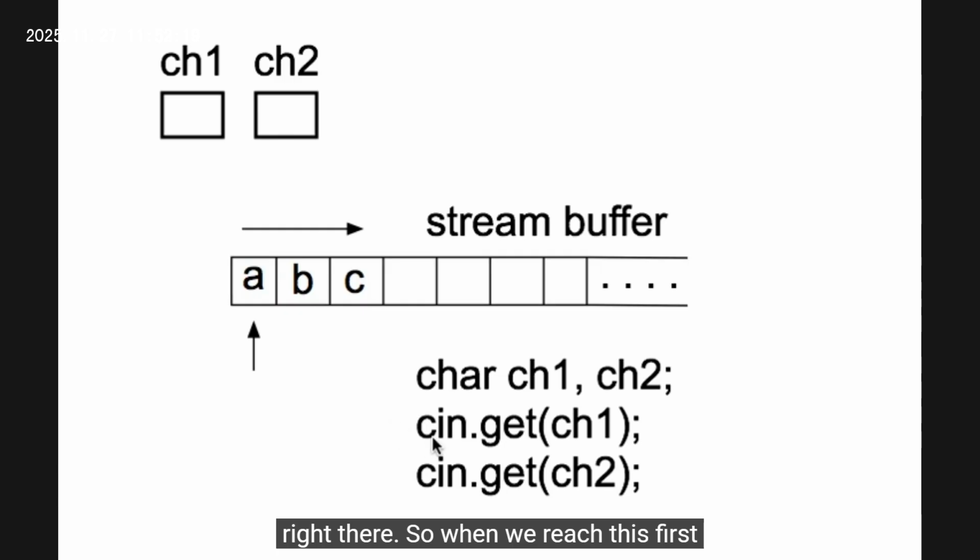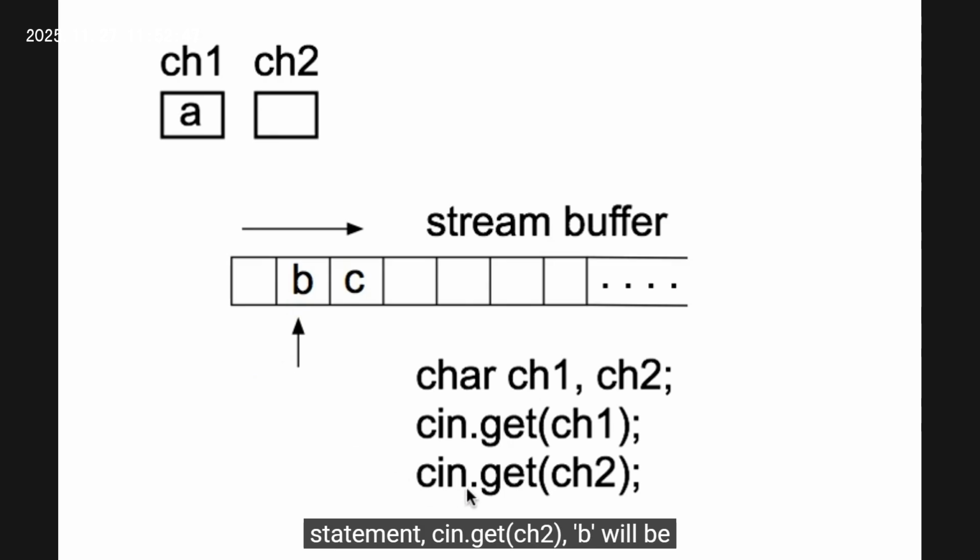So when we reach this first cin.get statement, that will remove the first character from the buffer and store it at memory location ch1. So that A goes from the buffer into ch1. And then the next character to be read moves over to the next byte right there.